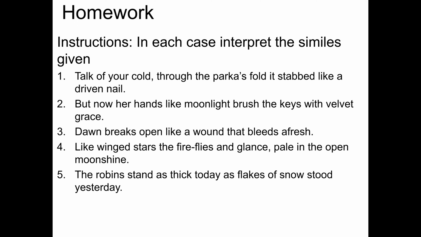Like winged stars, the fireflies glance pale in the open moonshine. And number five: The robins stand as thick today as flakes of snow stood yesterday. I like that one too.